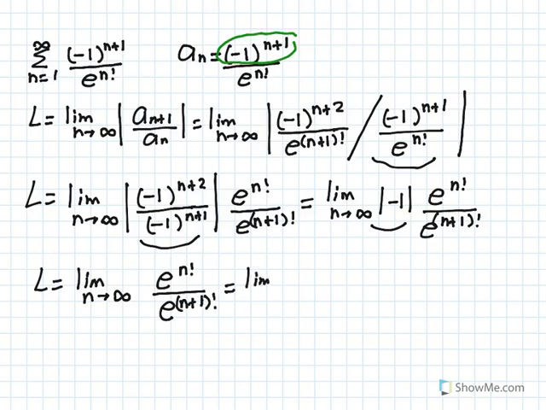So we get the limit as n approaches infinity of 1 divided by e to the power of n plus 1 factorial minus n factorial. Because we have the same base, we subtract off the exponents. So L is equal to the limit as n approaches infinity of 1 divided by e to the power of n plus 1 times n factorial minus n factorial. All of this is in the exponent.